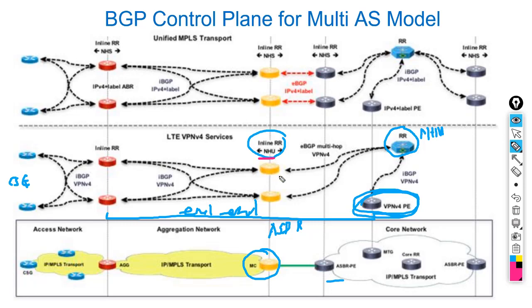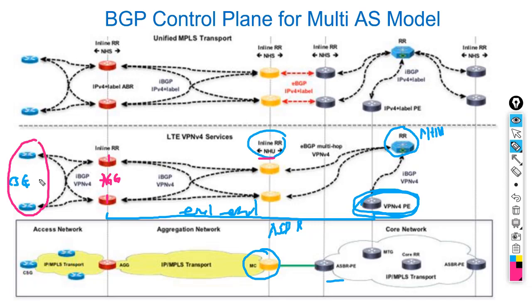So we need to enable next hop unchanged on the metro core so that it keeps the next hop to be the IP address of the AGG when advertising the VPN request to the router in the core network. When the AGG advertises the VPN request to the metro core, the next hop will be set to itself, not the IP address of CSG, because the number of CSGs is very large.